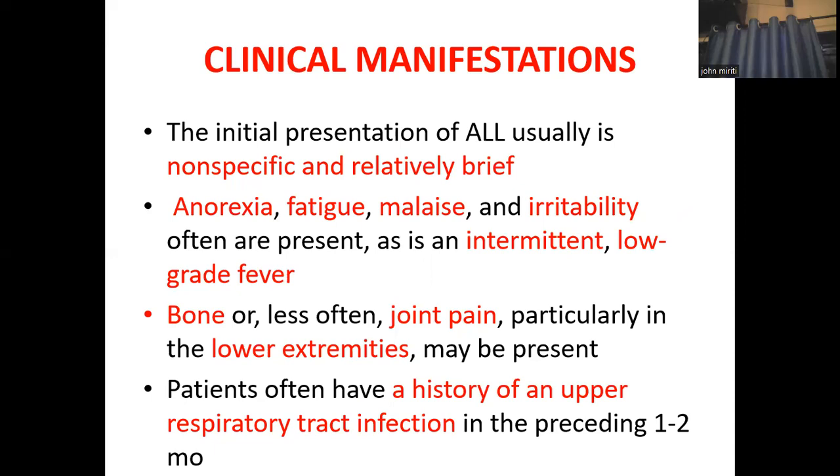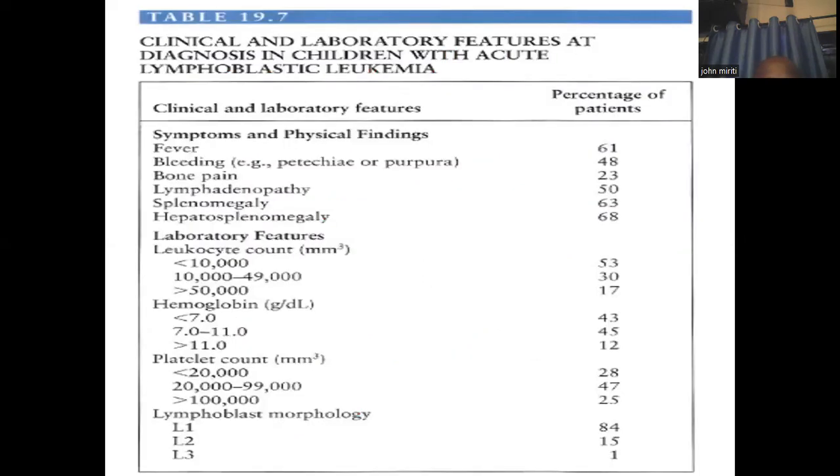Patients often have a history of an upper respiratory tract infection preceding the diagnosis by two to three months. So in the tropics, patients are always treated too much for malaria by the time they are diagnosed with acute lymphoid leukemia.